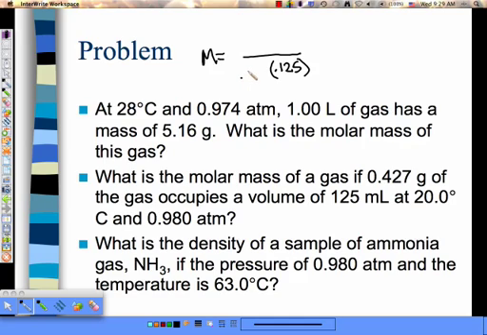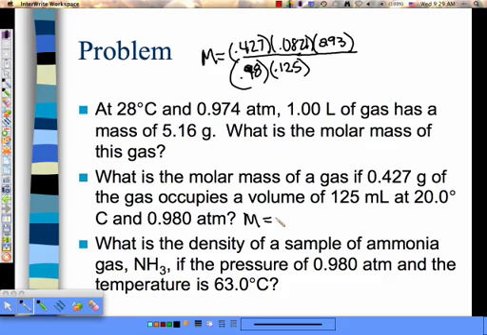Pressure is 0.98. And little m, the mass of gas, is 0.427 grams. R is 0.0821. Temperature would be 293, right?